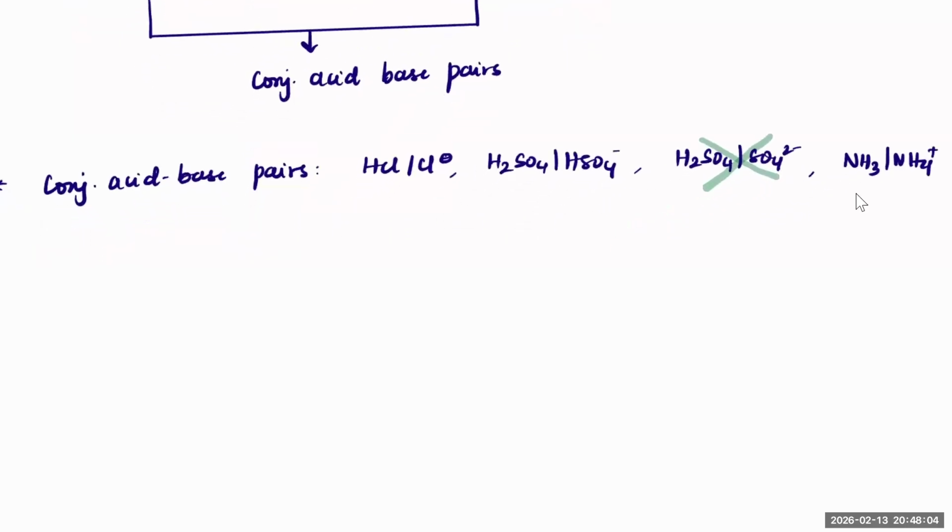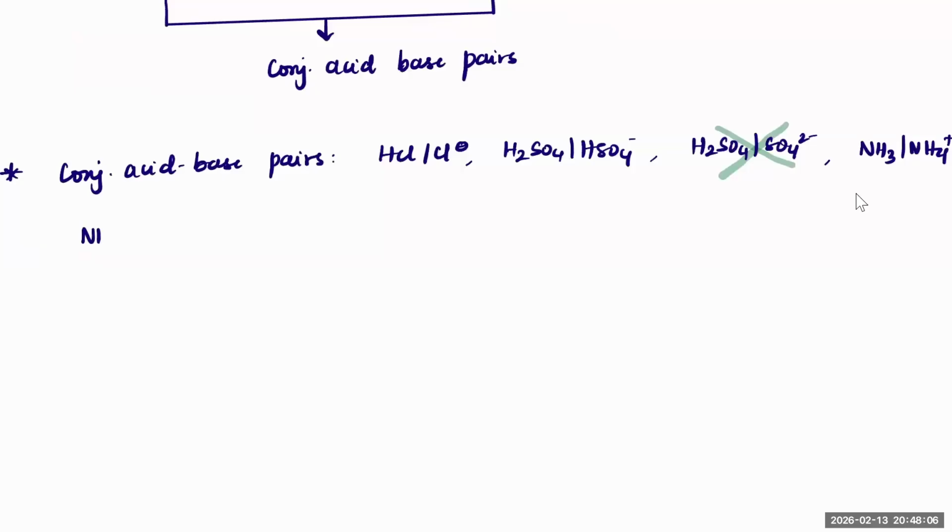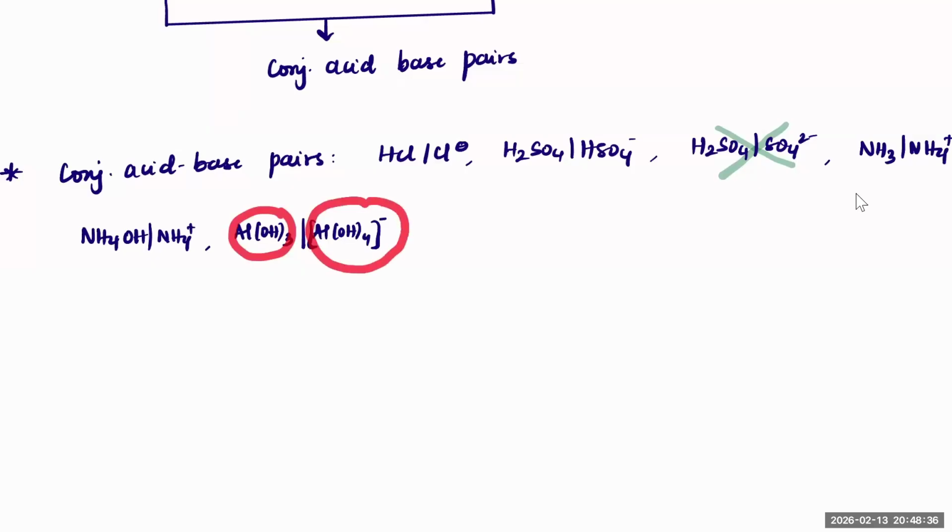Now you can write the same in terms of the base also. For example, if I have NH4OH and NH4 plus, that is also a conjugate acid base pair. If you have Al(OH)3 and Al(OH)4 minus, this is also a conjugate acid base pair. So instead of accepting H plus, now it is accepting OH minus. So that way also you can say this one is acting like an acid and this is its conjugate base.